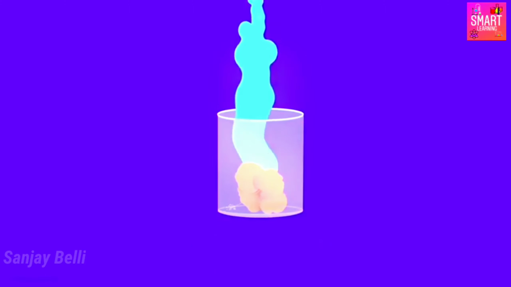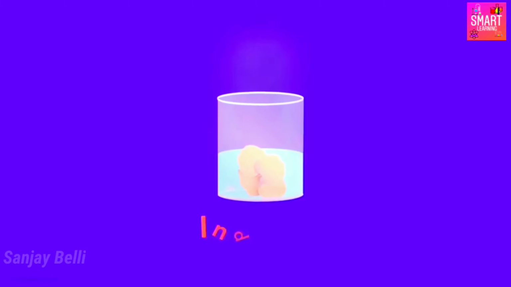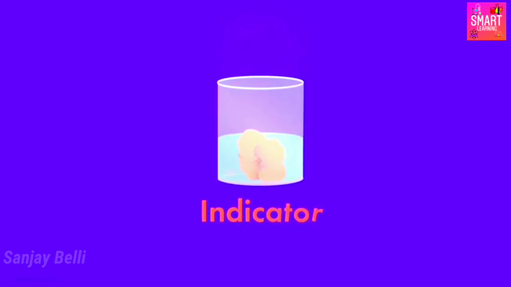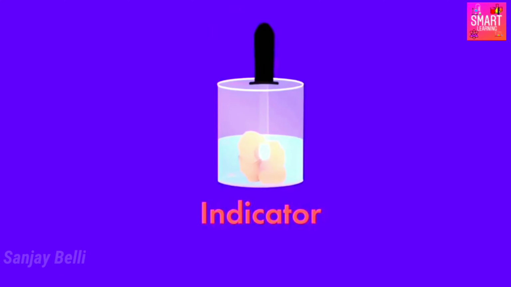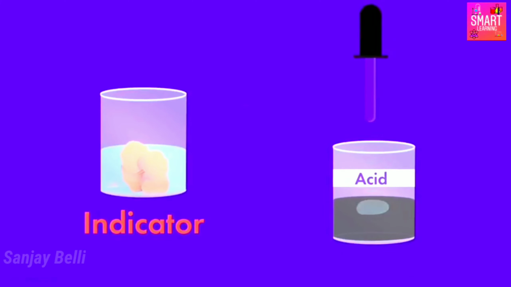Let it rest for some time. This solution can be used as an indicator. When drops of this are added to an acidic solution, the color of the solution changes to magenta red or a slightly different shade of red.